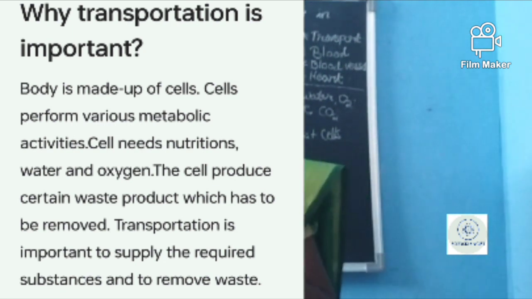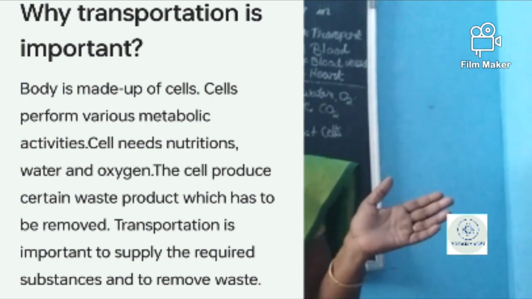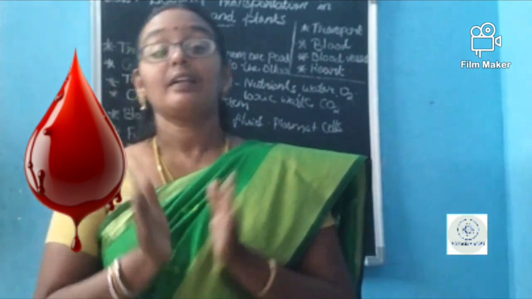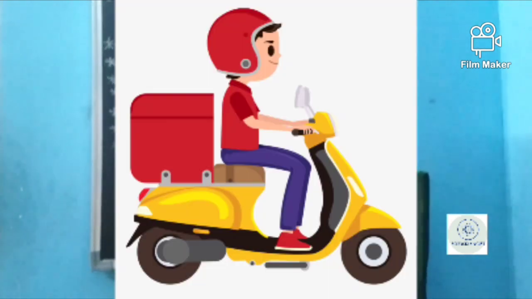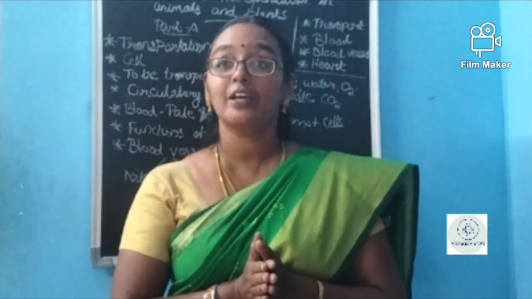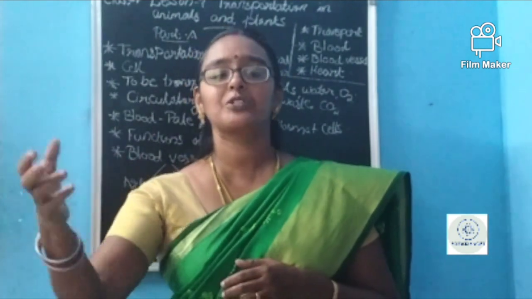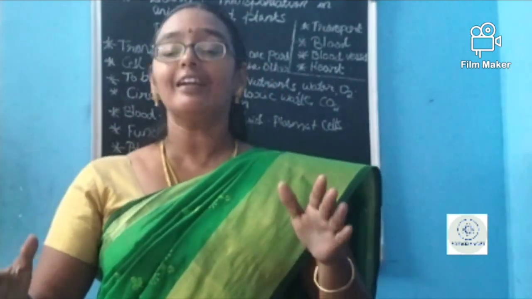Okay. This transportation work is done in the case of organisms by blood. Blood acts as a delivery boy, isn't it? Zomato, Swiggy, in all these we are ordering from some hotels. What will they do? They will travel and give it to us, isn't it?